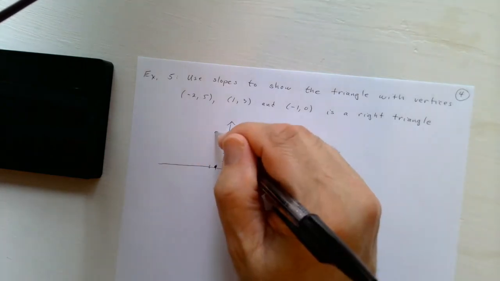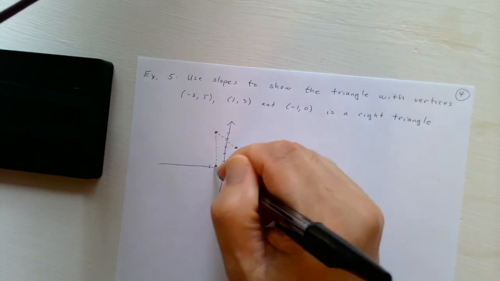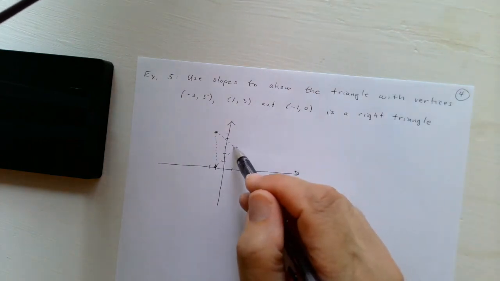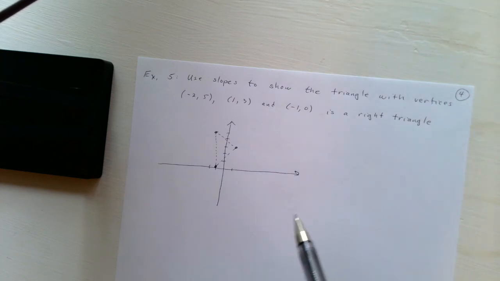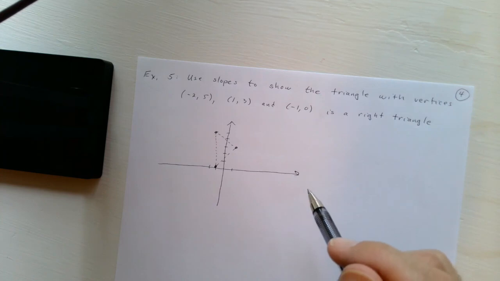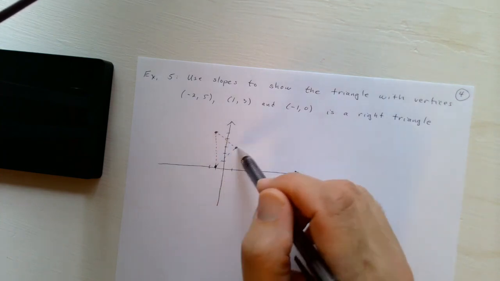And so we can see that we get a triangle here. Now it looks like the right angle is going to be here, but we really want to be certain of that.